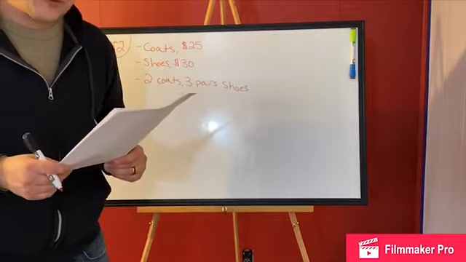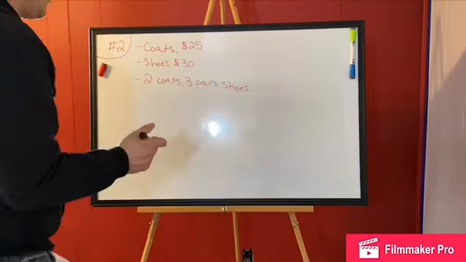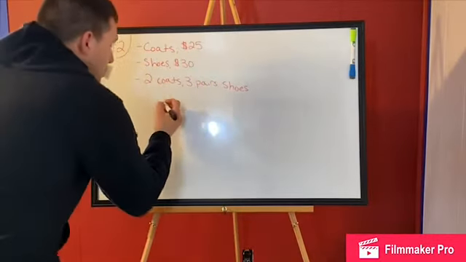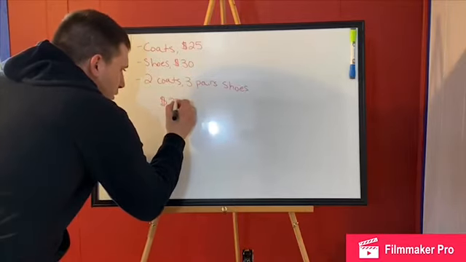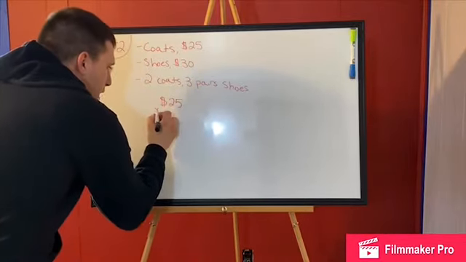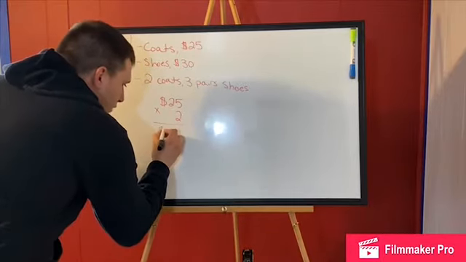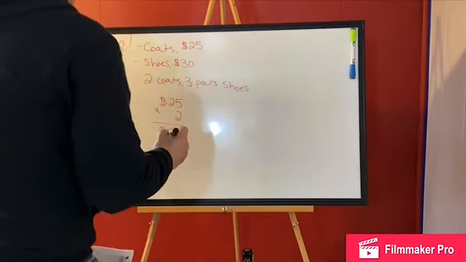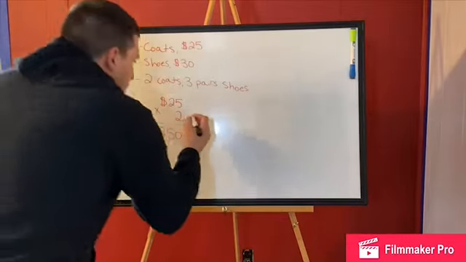All we have to do for this one is multiplication and then add our 2 answers. So, if she bought 2 coats at $25 a piece, we'll take that $25, multiply it by 2, and get $50. And then she bought 3 pairs of shoes. We multiply that by $30.